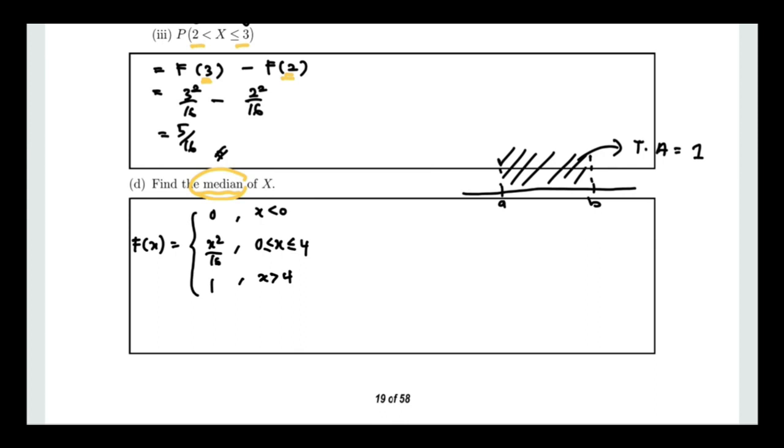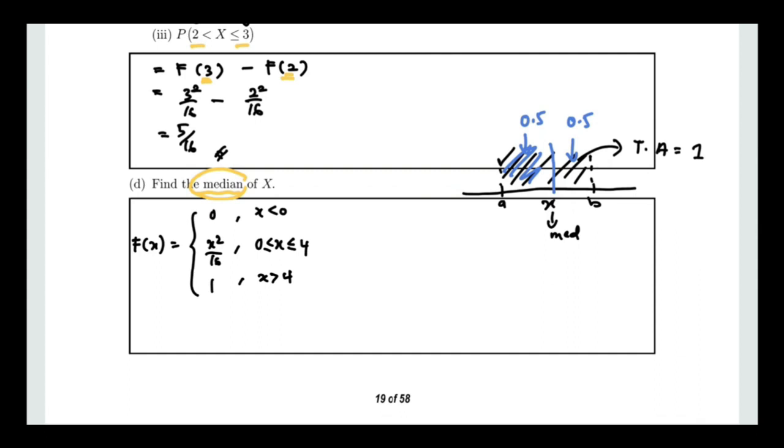So we want to find out half of the area, it should be 0.5 and 0.5. So what's the value of x here? This is the median. We want to find this x which cuts the area into the first half and the second half.